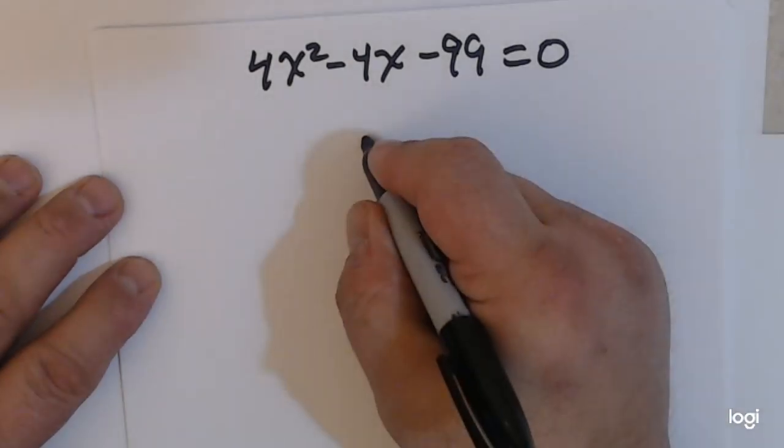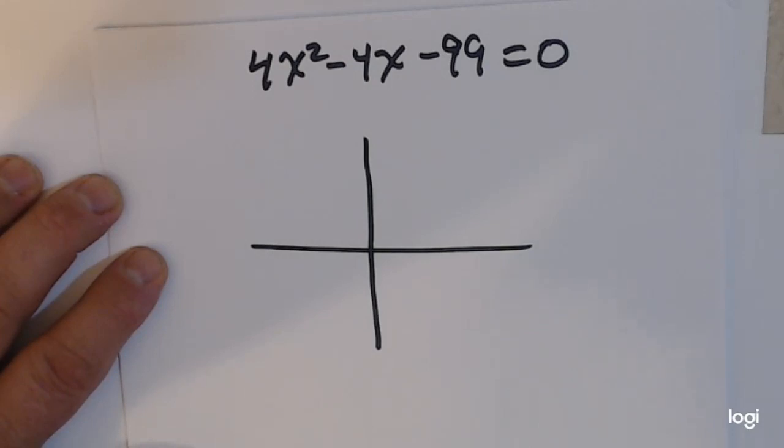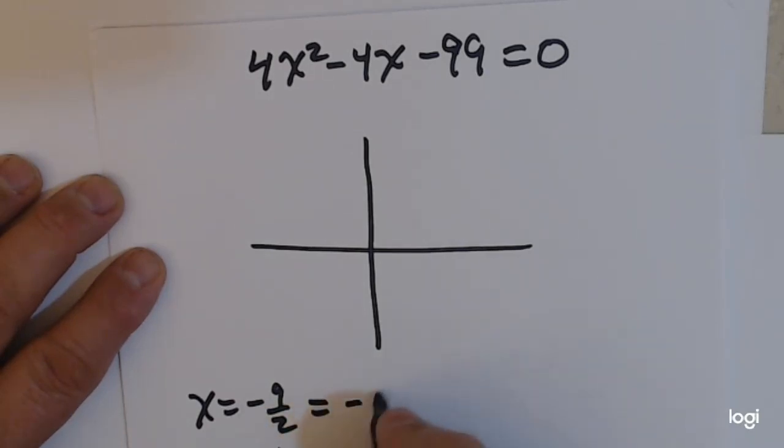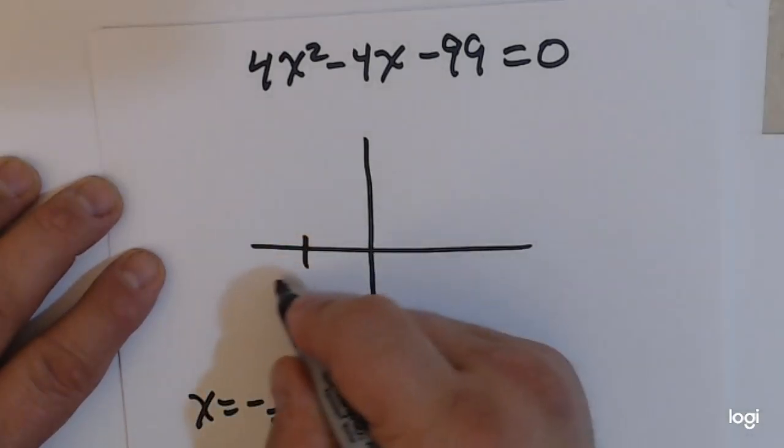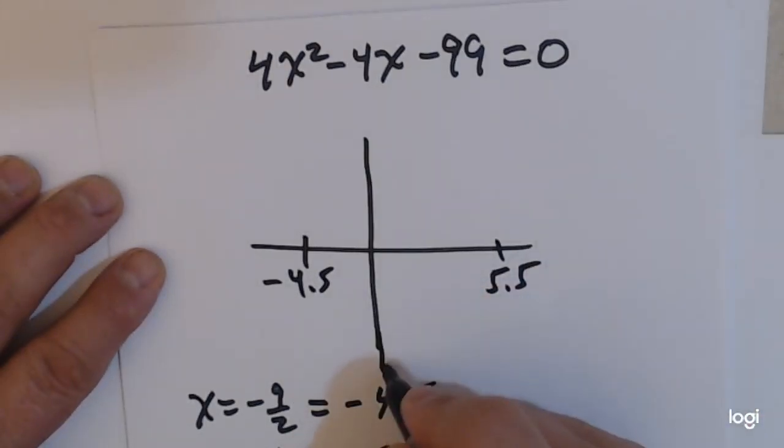And so we've got x equals negative 9/2, and x equals 11/2. So this is negative 4.5, and this is equal to 5.5. So we have negative 4.5 and 5.5.